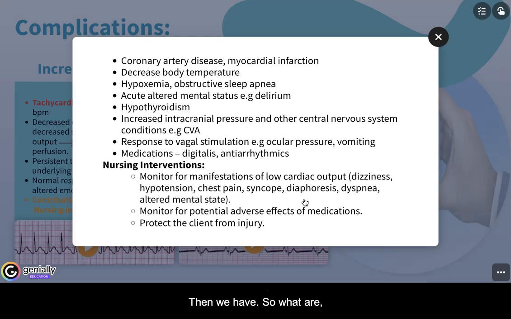So what is it that we can do as nurses for our patients in this case? Monitor for manifestations of low cardiac output. See if they're having signs of low cardiac output. That's dizziness, hypotension, chest pain, syncope, which is fainting, diaphoresis, sweating, dyspnea, difficulty breathing, and altered mental state. These are all signs of low cardiac output.